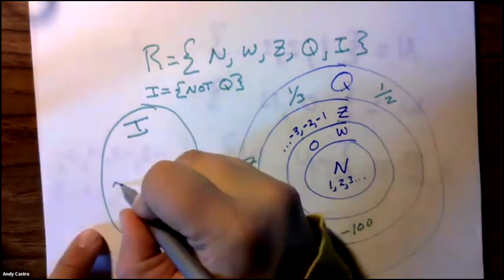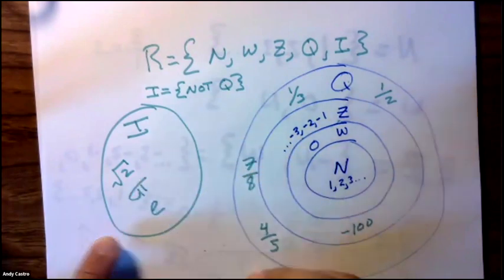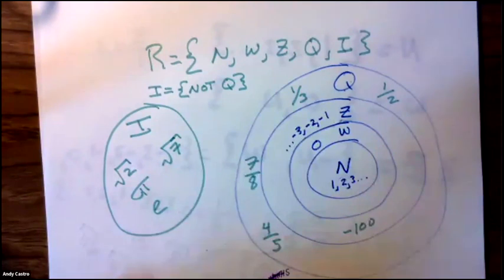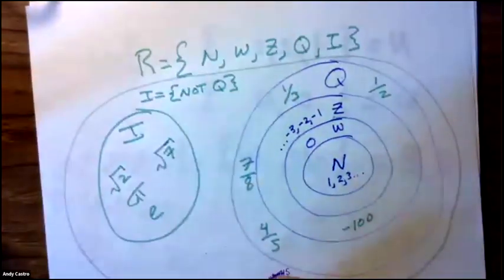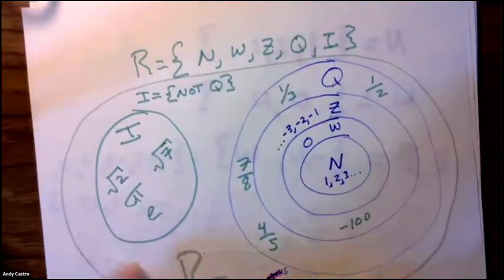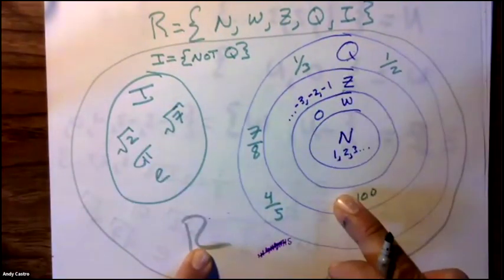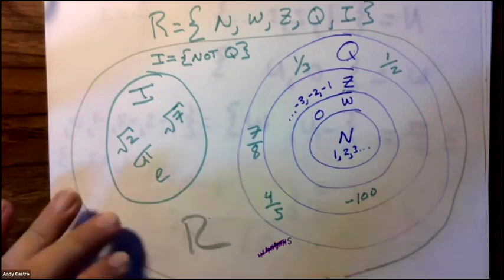So here we would have numbers like the square root of 2, the number pi, I told you about e, really the square root of any prime number. Those are irrational numbers. And then real numbers include both. Real numbers include the irrational numbers, but they also include all the rational numbers. So this is one diagram that I found helpful.